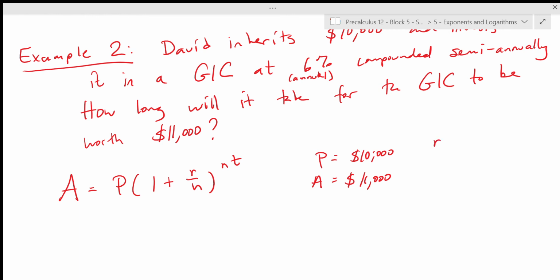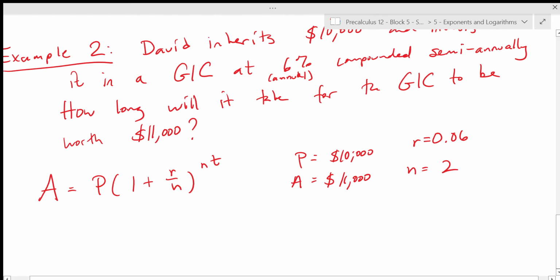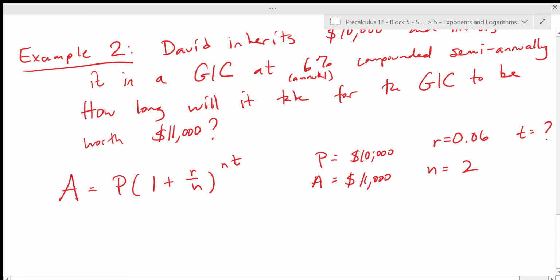Our annual interest rate is 0.06. We always have to write our percentages as decimals. n is the number of compounding periods per length of the interest rate. So n is equal to 2. And our t is the variable that we're going to try to find.